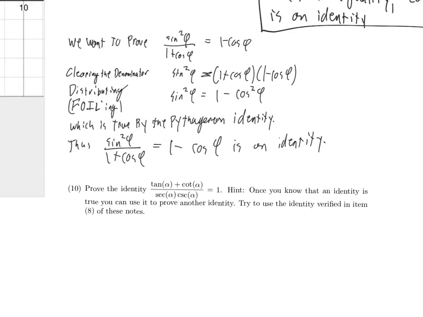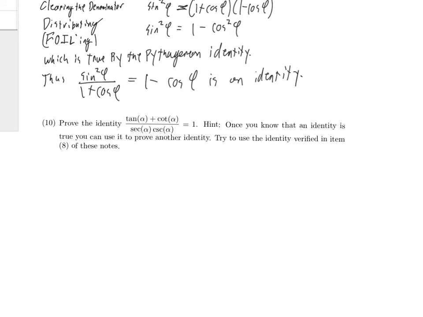Cool. Last one. Let's prove tangent plus cotangent divided by secant times cosecant is equal to 1. And as a hint, if you can reduce an identity to another identity that you know and have proven, then that completes the proof of this identity. So let's try to reduce this identity to another one that we've proven.